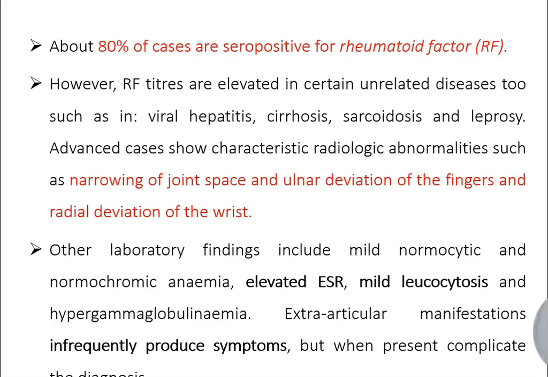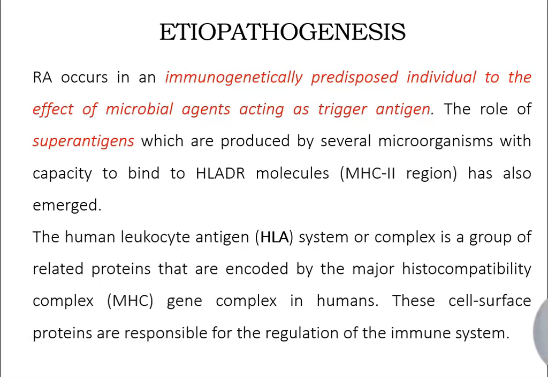Coming to the etiology, in the majority of cases diagnosed with rheumatoid arthritis, the etiology is an immunological factor. Some triggering factor may stimulate the human leukocyte antigen, and from there we see the development of the autoimmune reaction.